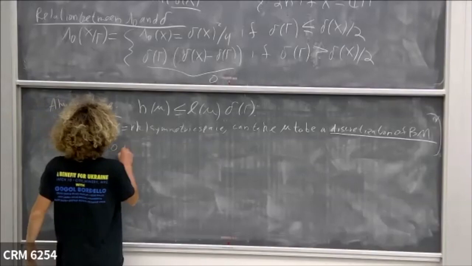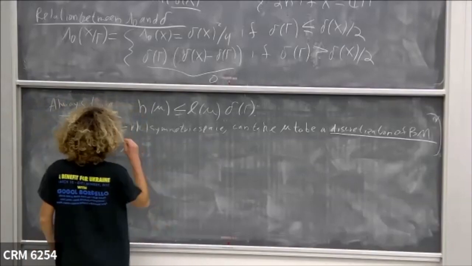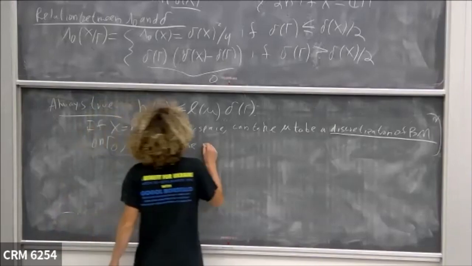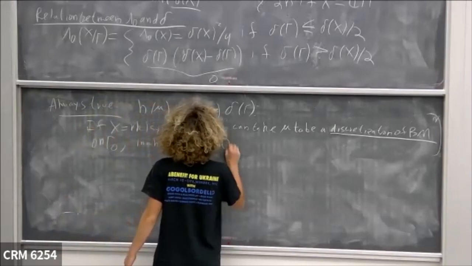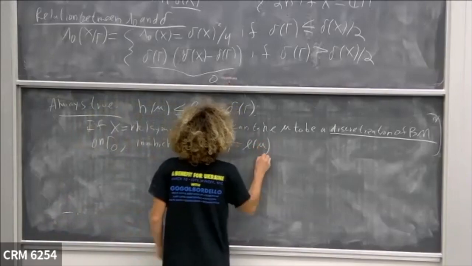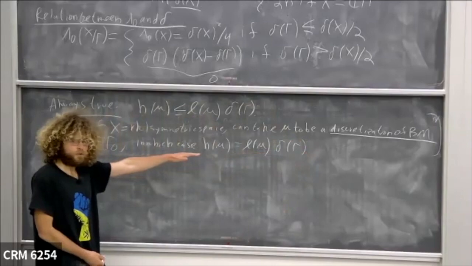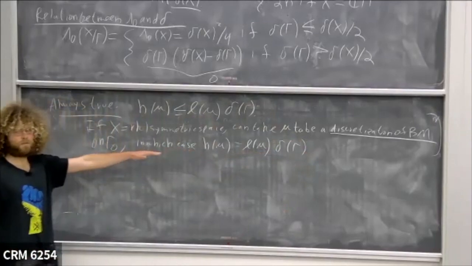But in any case, what's important is that in this case h of mu is actually equal to l of mu times delta gamma.